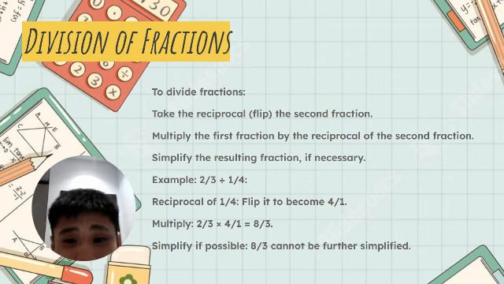For example, 2 over 3 divided by 1 over 4 becomes 2 over 3 multiplied by 4 over 1, resulting in 8 over 3. Fractions allow us to work with parts of a whole and perform different mathematical operations.